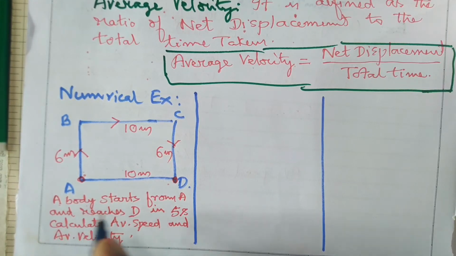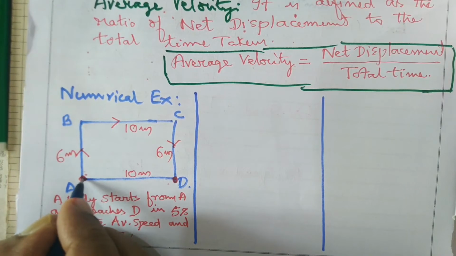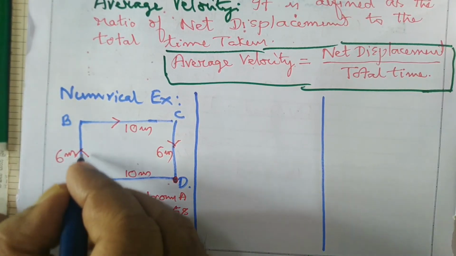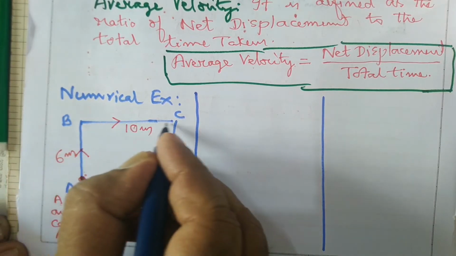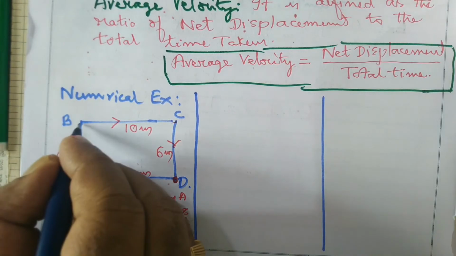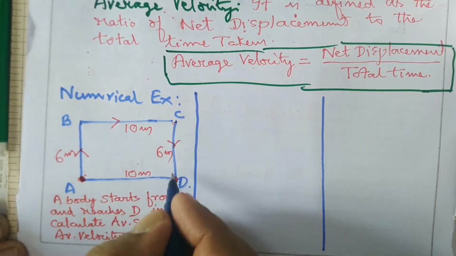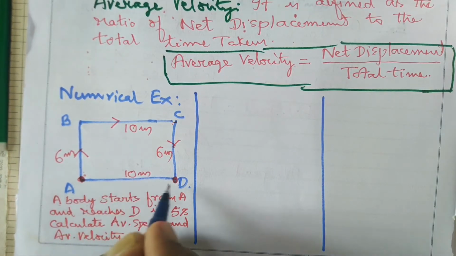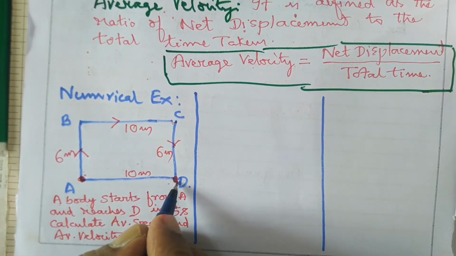A body starts from A and reaches D. See the arrow marks: it goes from A to B, then B to C, then C to D. Remember, it is not going directly from A to D. That is what they want to say in this problem.